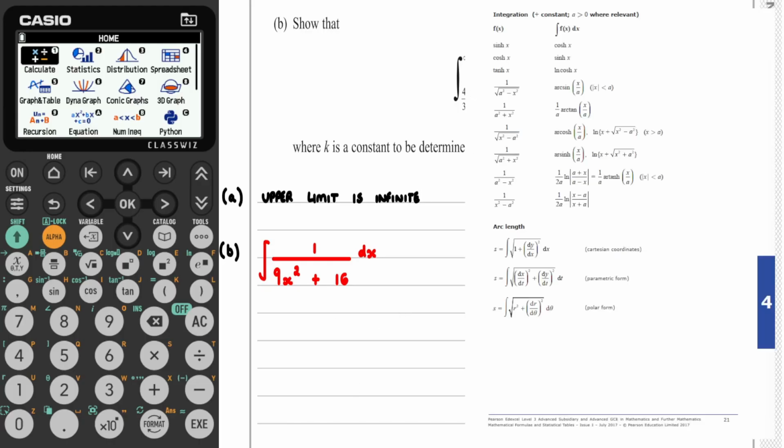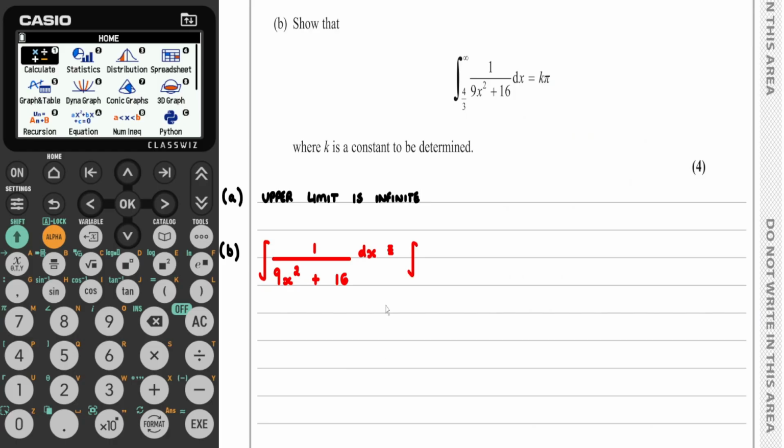If we think about our standard integrals, we have 1 over a squared plus x squared, which integrates to 1 over a times the inverse tan of x over a. So we need to somehow adjust this so it's of this form.